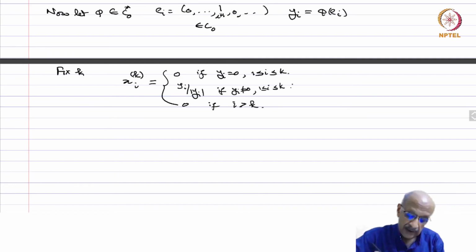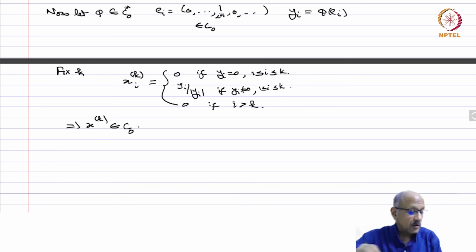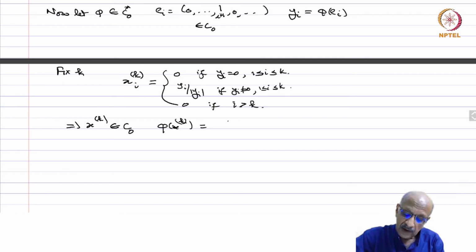Then of course xk is just a finite thing, and therefore automatically it belongs to C0, it converges to 0, and phi of xk is nothing but sigma mod yi, i equals 1 to k, because if you multiply you get mod yi square divided by mod yi, which gives you just mod yi.